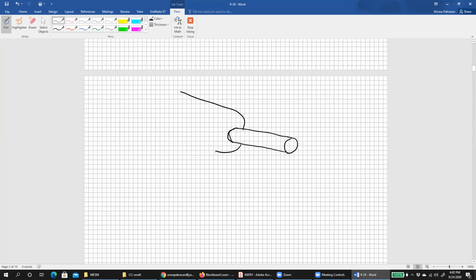My drawing is not good, but let's see this cross section.